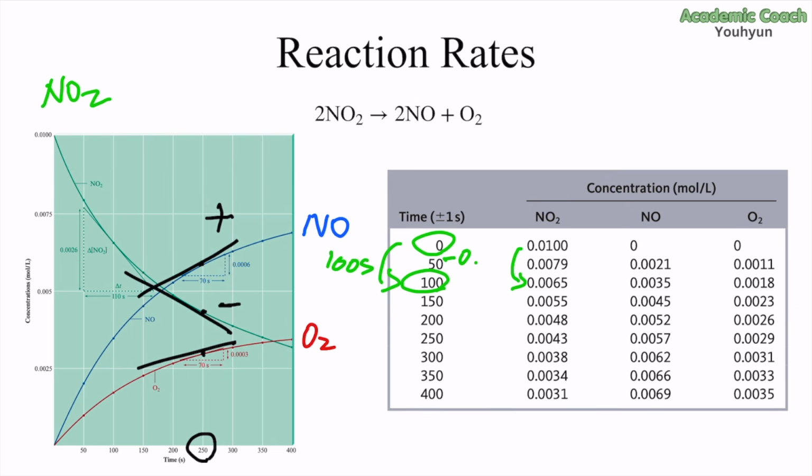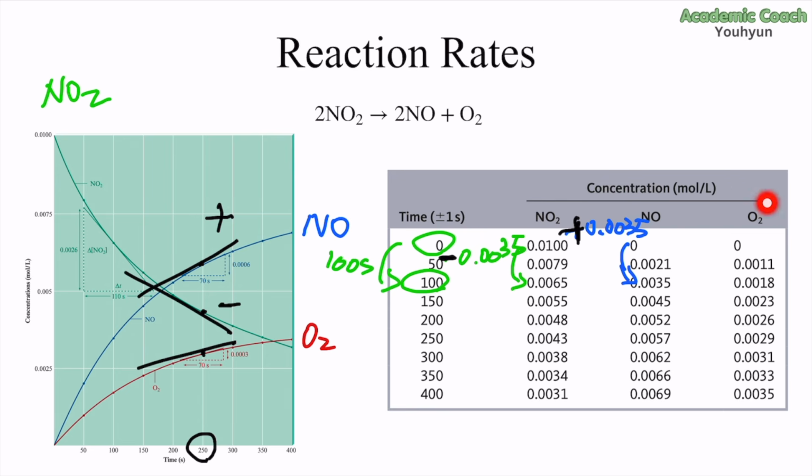Then for these 100 seconds, the change in the concentration of nitrogen dioxide would be minus 0.0035 moles per liter. And for nitrogen monoxide, the change in its concentration is positive 0.0035 moles per liter. So nitrogen dioxide and nitrogen monoxide have the same amount of change in concentration. The only difference is one is negative, the other one is positive.